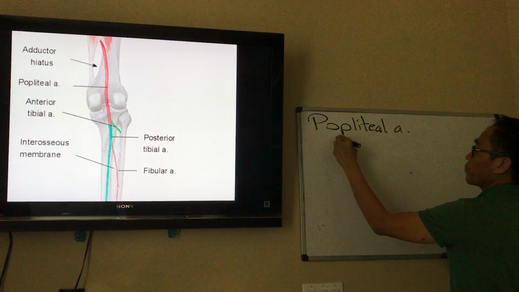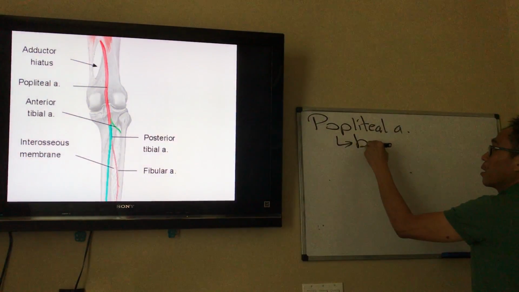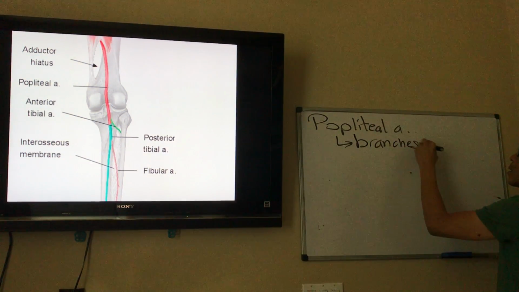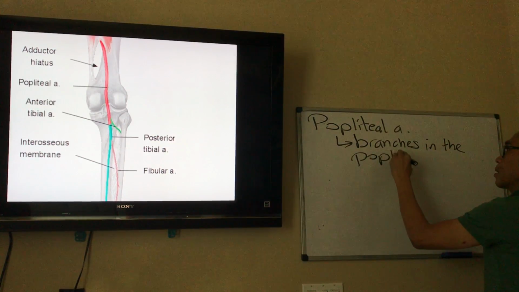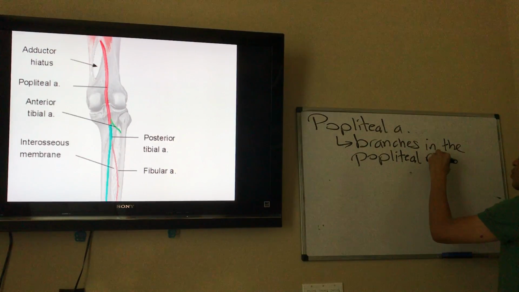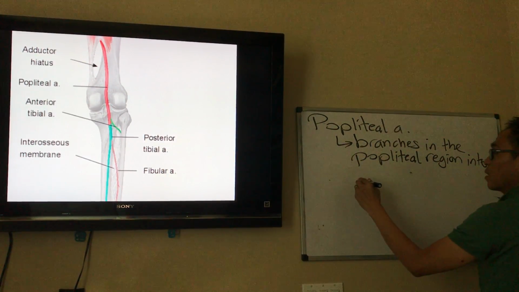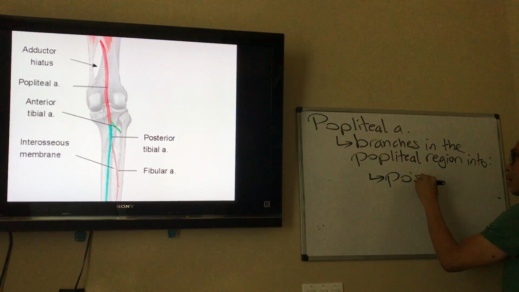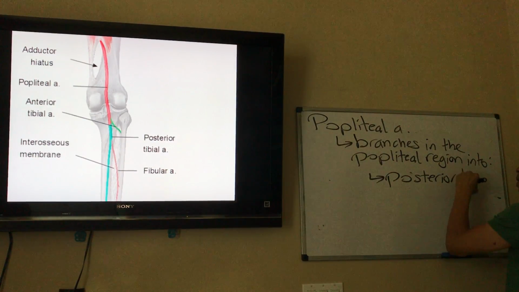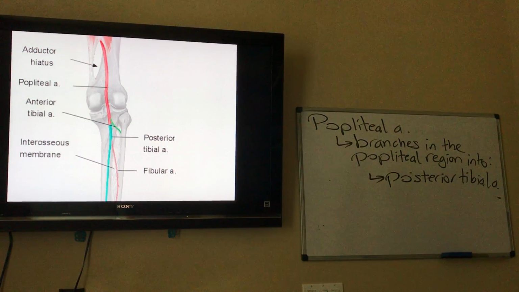Popliteal artery. It's branching in the popliteal region into the posterior tibial artery, well, the name tells you where to locate it.